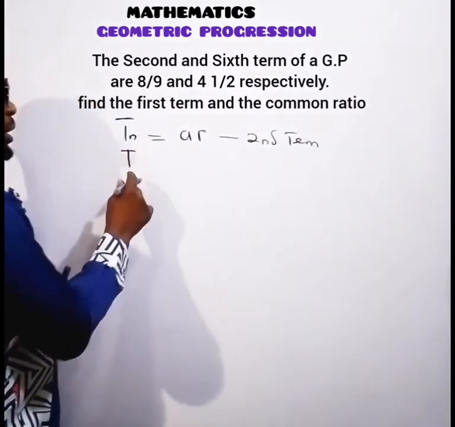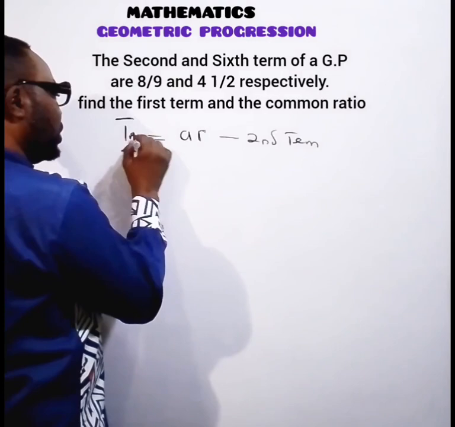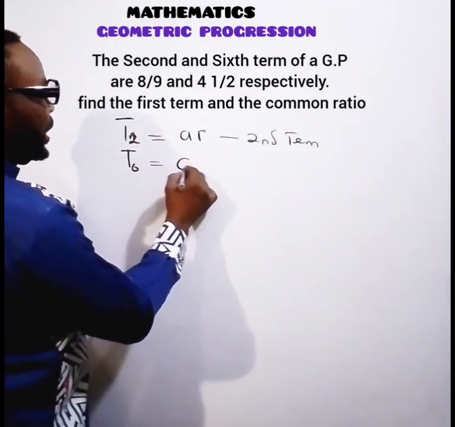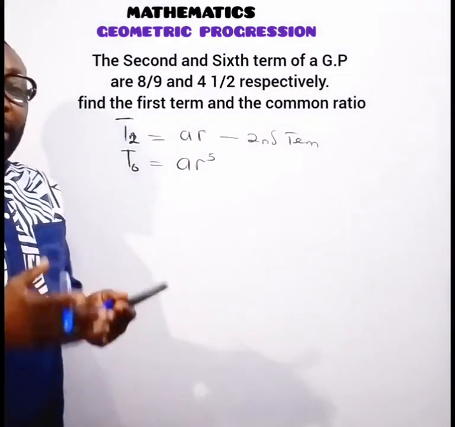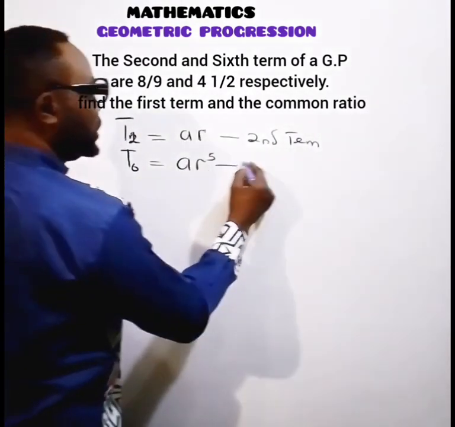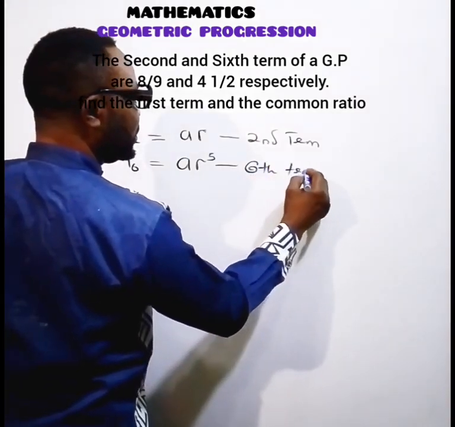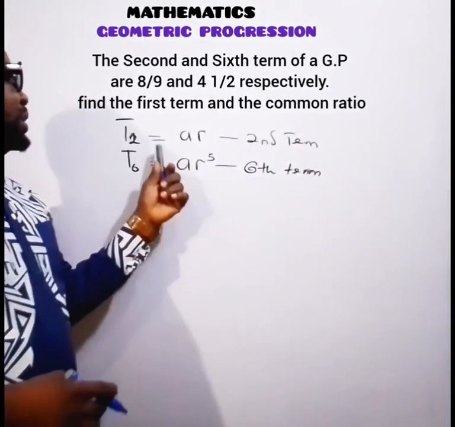Now for the other term given to us, which is the sixth term, I call this one the second term, will be AR raised to the power of 5. Don't forget, it will be n minus 1. That is the number of terms minus 1. Now, this is the sixth term and this is the second term.